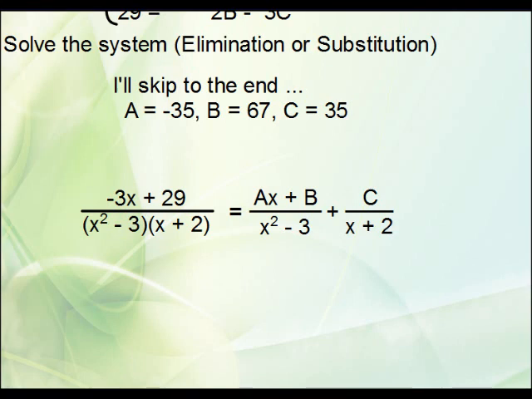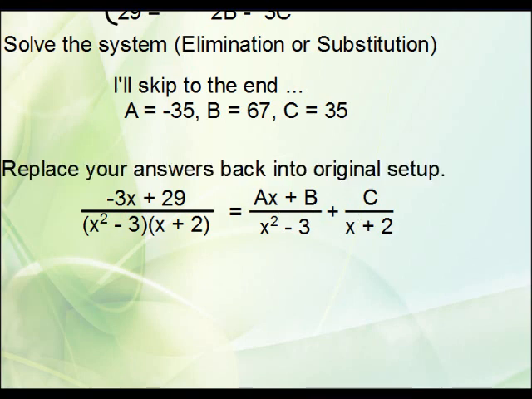Once you've gotten that, just simply rewrite that into your original formula, in that here for A you'll write negative 35, and for B you'll write 67, and for C you'll write simply 35, and that would complete your problem right there. Don't forget to do that.